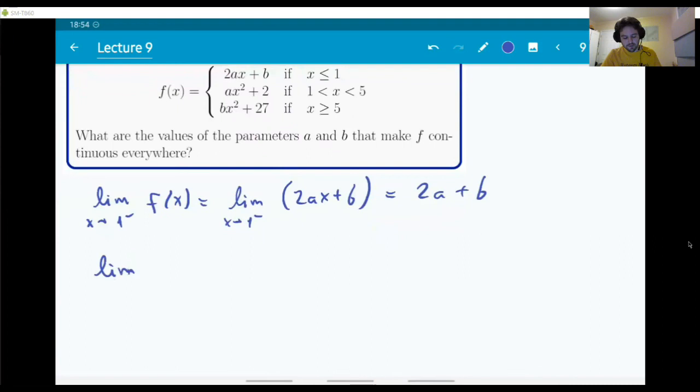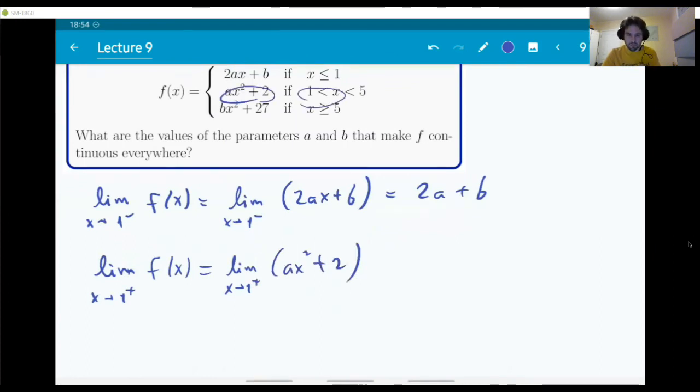Whereas if you're coming from the right, then you want to use the expression ax squared plus 2. That's what the function is if x is larger than 1, but close to 1. And this limit is actually equal to a plus 2.